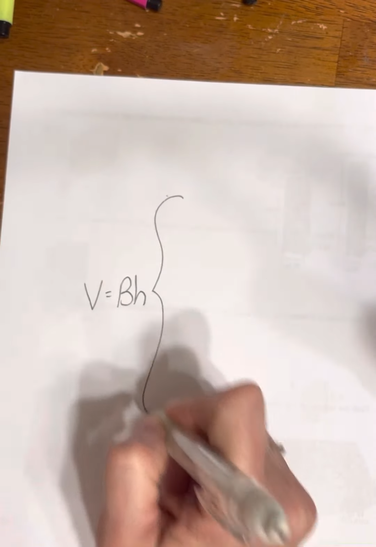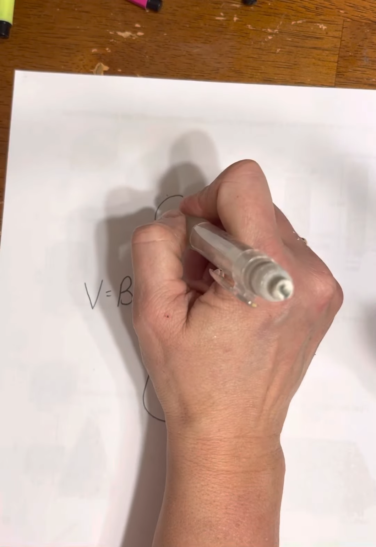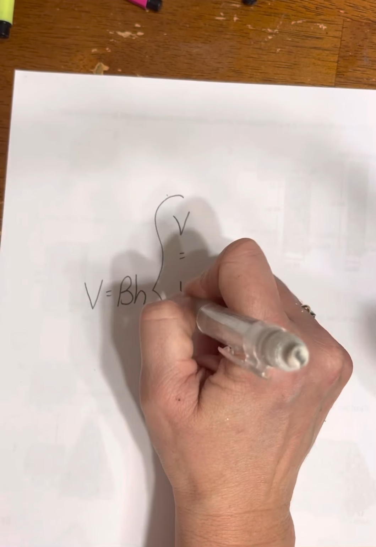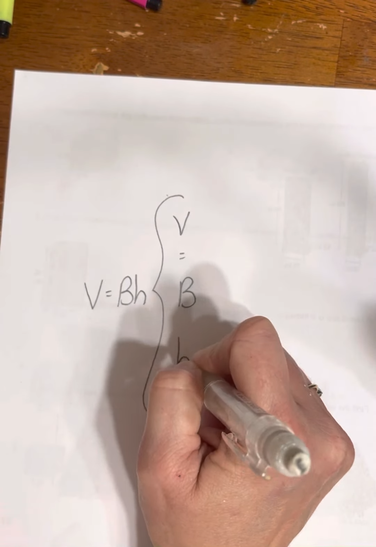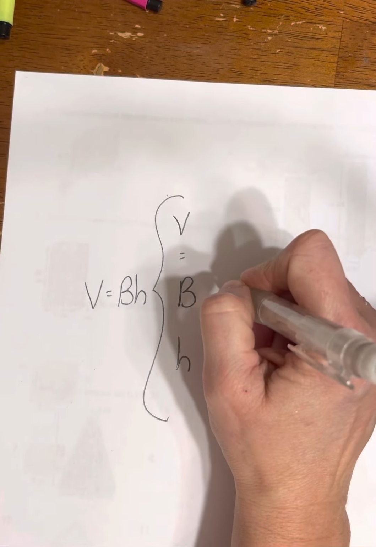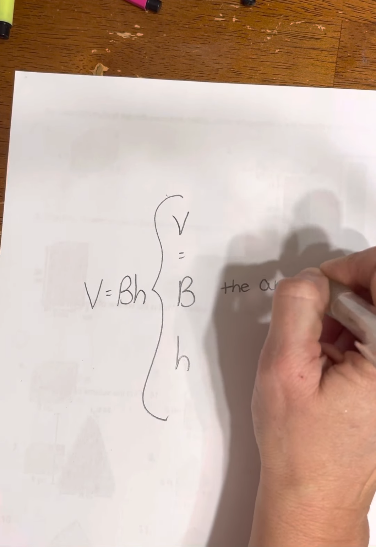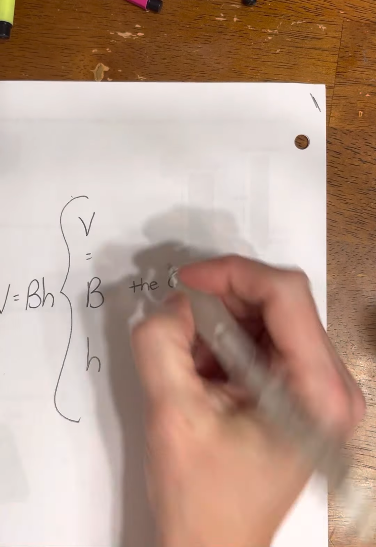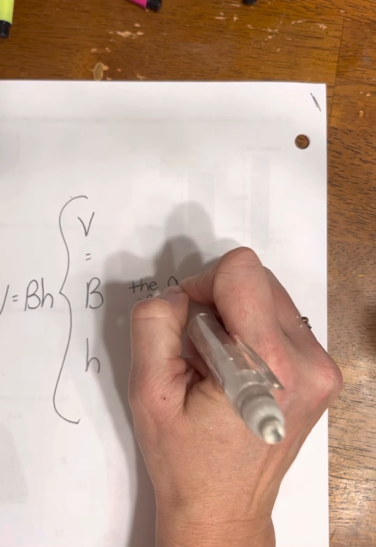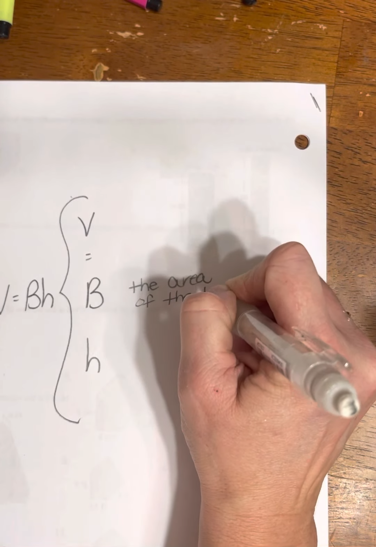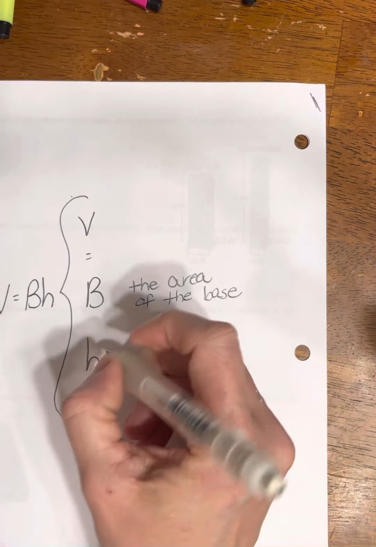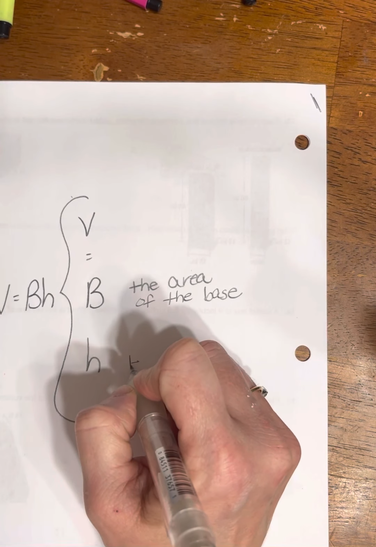I'm going to show you what this is. Volume equals big B H. And big B is the area of the base of whatever you're finding the volume of. H is the height.